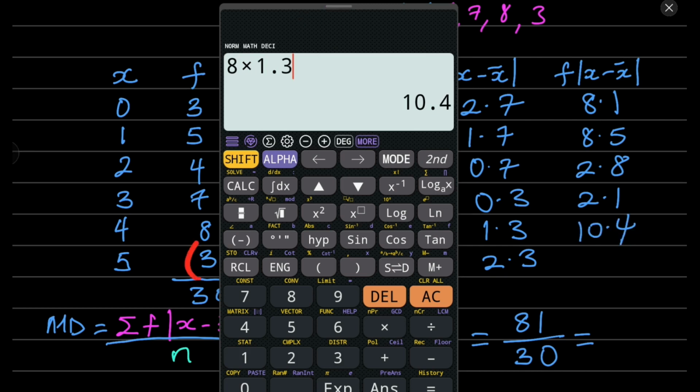And finally, we have 3 times 2.3. Here we have 6.9.